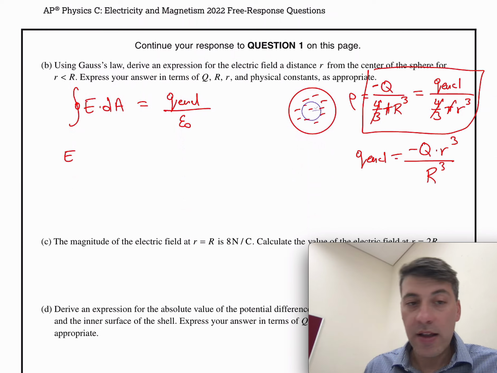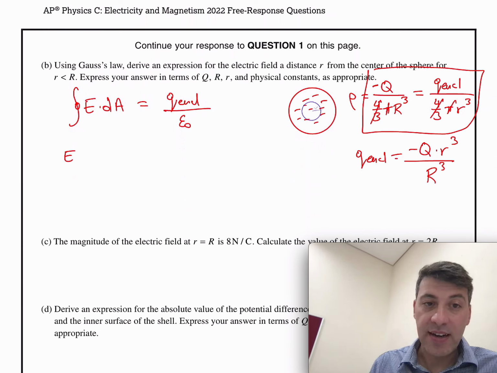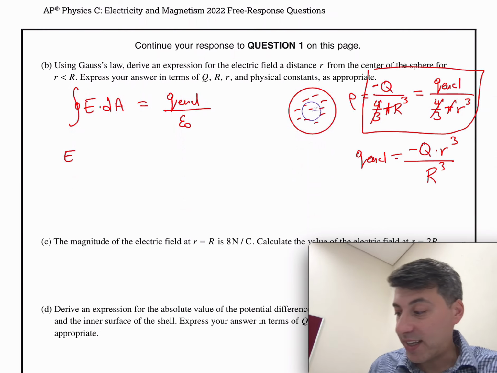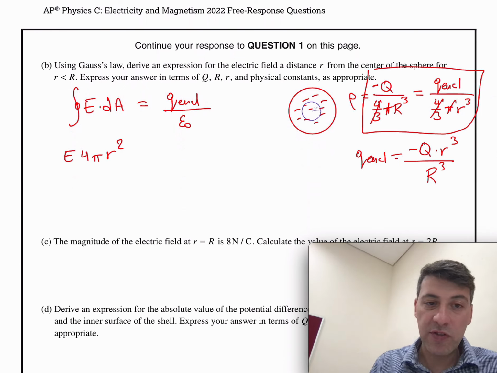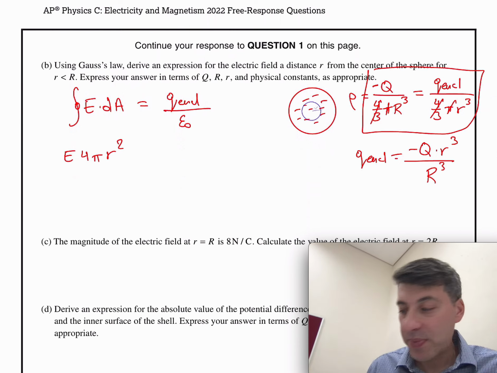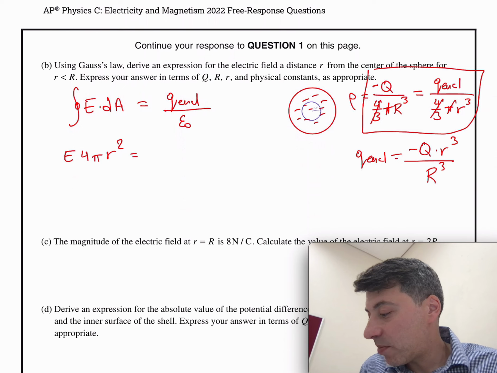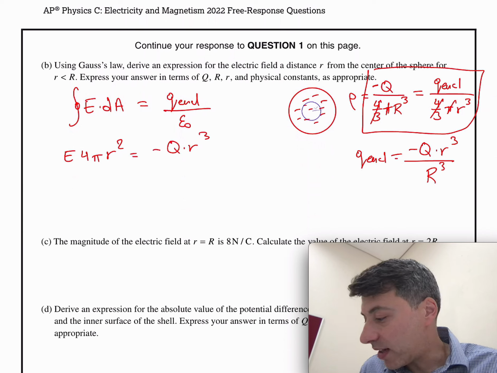The surface integral for the sphere is the area of the sphere, which is 4 pi r squared, and because this is the small sphere, we are talking about the small r. The enclosed charge is minus q times r to the power of 3 divided by R to the power of 3.